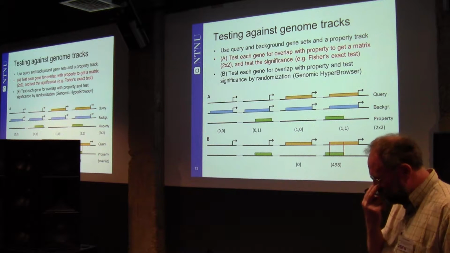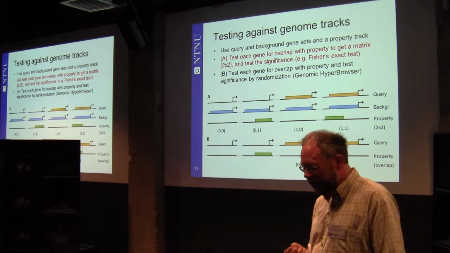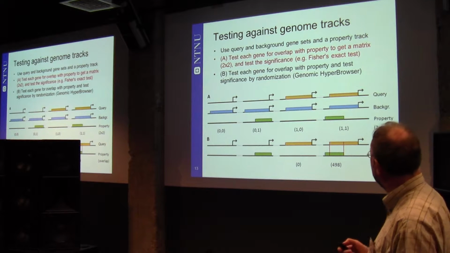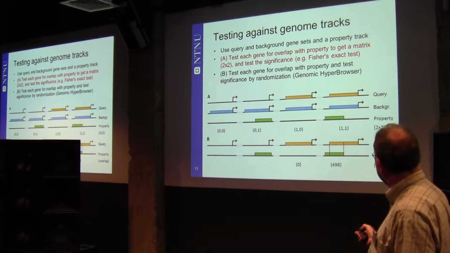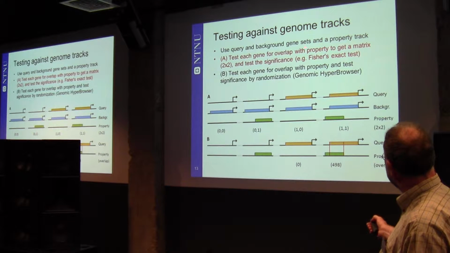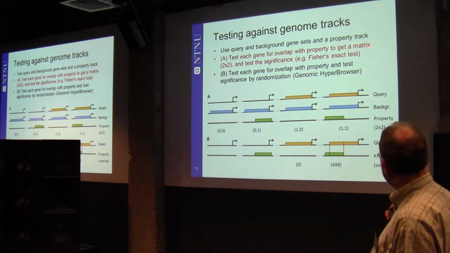And there are different approaches for comparing tracks. And I will go very briefly into two approaches for doing it. One is a very simple approach where you test each, in this case a gene, for overlap with a property to get the matrix.